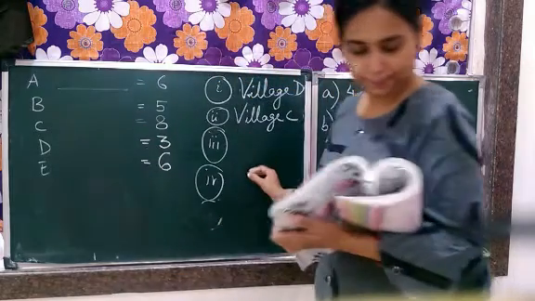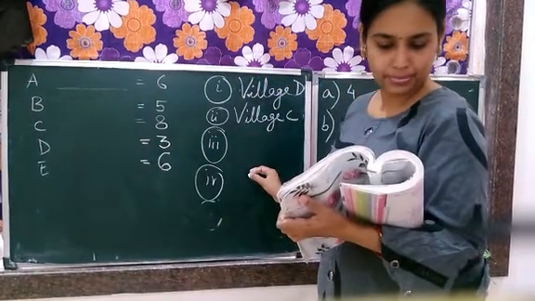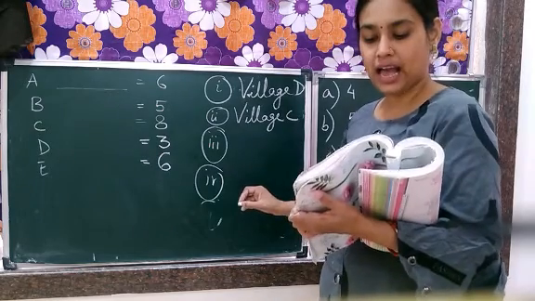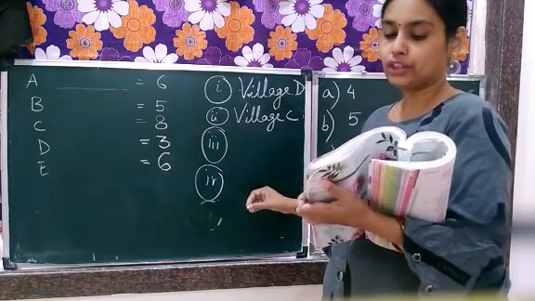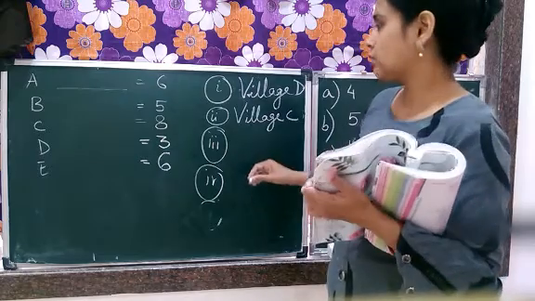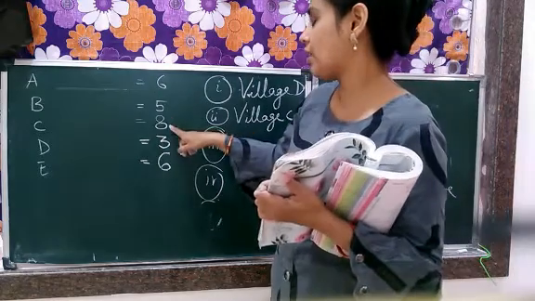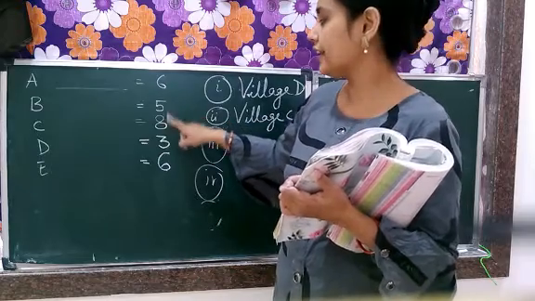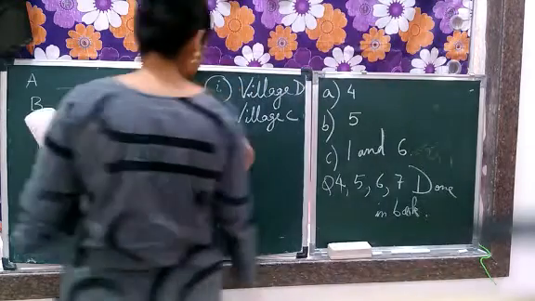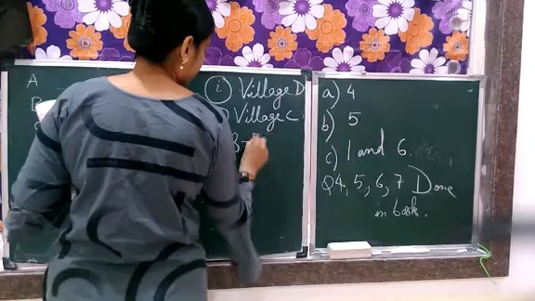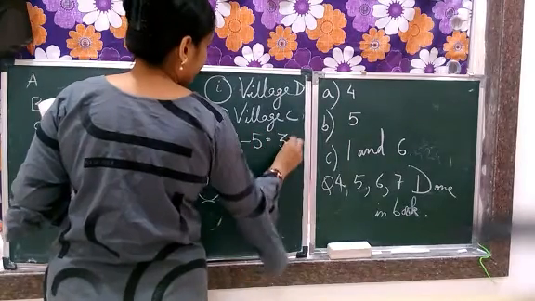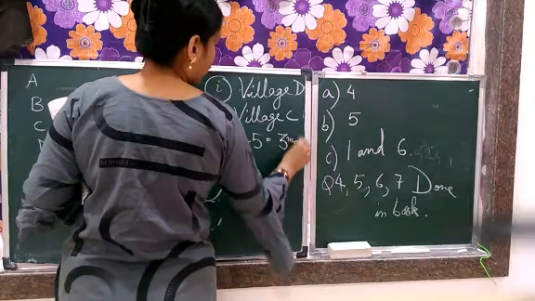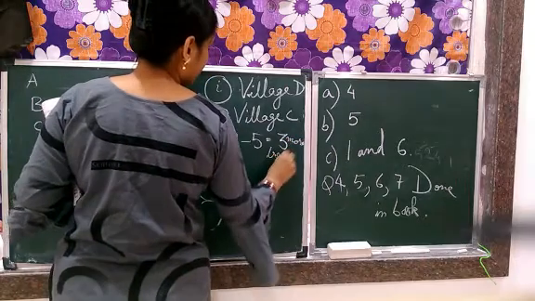Then how many more tractors does village C have as compared to village B? So village C has how many extra than village B? That is 8 minus 5, which is equal to 3 more tractors. Okay.